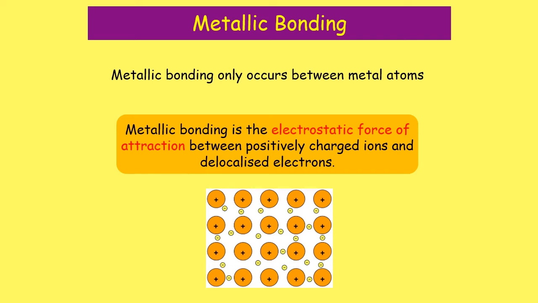So the metal atoms give up their electrons, they become positively charged ions. The electrons don't have anywhere to go, so they are constantly moving between these different positive metal ions. And that's why we call them delocalized, because they've got nowhere to go and just keep moving around.